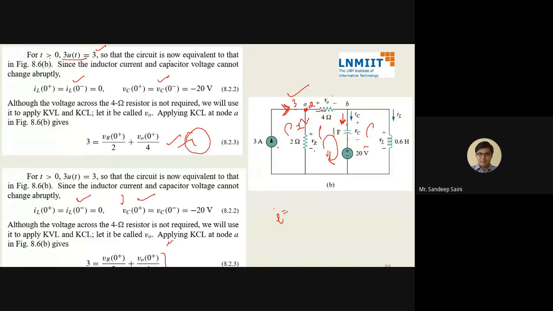I is equal to C dV by dt. We are saying when V is constant, current is 0. But when V has slowly started changing, the change in voltage is not yet visible. That means V of 0 minus and V of 0 plus are still the same, but the change has started. And because the change has started, dV by dt can be a defined number, right? Okay, sir. Got it.